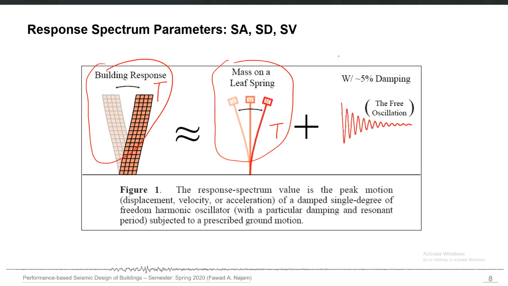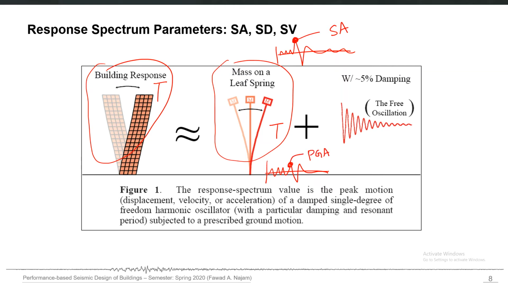So the peak value of the response acceleration against a particular earthquake for this single degree of freedom system, a crude representation of your building, will be the spectral acceleration. The peak value of the ground motion itself will be PGA.